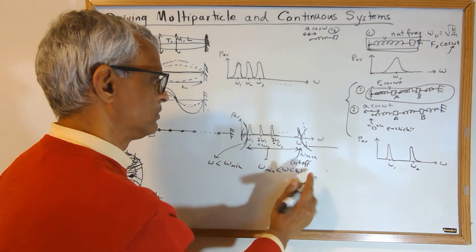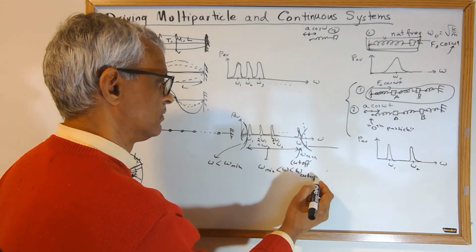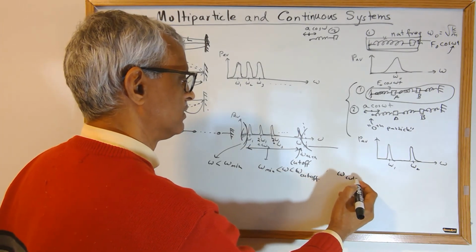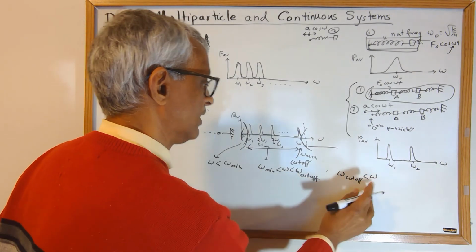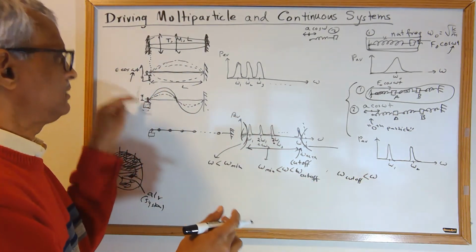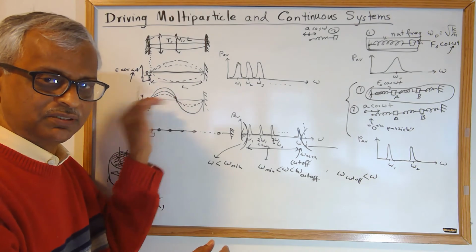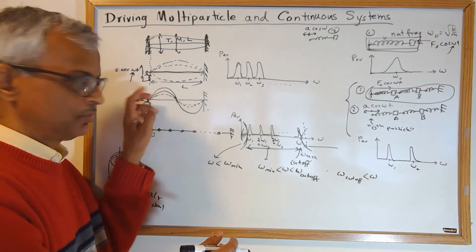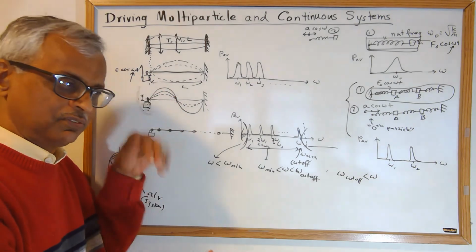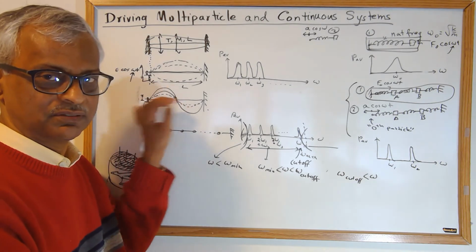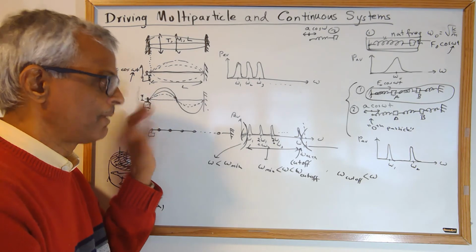I like the word cutoff. And then omega above the cutoff. So I am driving really rapidly. It cannot be coupled with the normal mode, which means it's going to just die out. My effort will not have much impact on the vibration of the entire string.